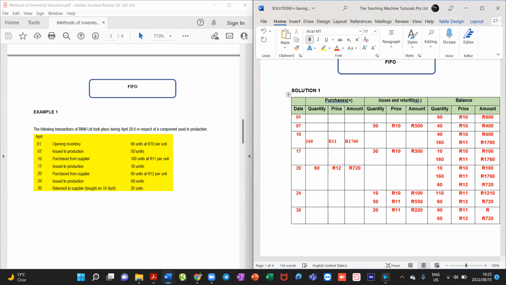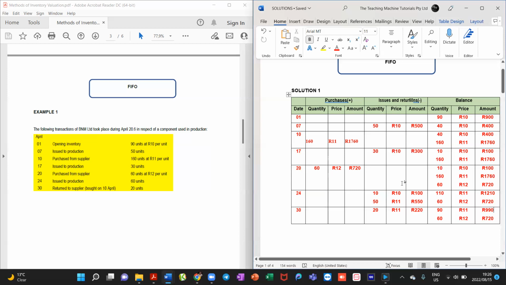Okay. So guys, if the question requires you to calculate the value of the closing inventory using the FIFO method, this will be your total amount, 990 plus 720. How many units remained? Remember, closing inventory refers to the units that remained.